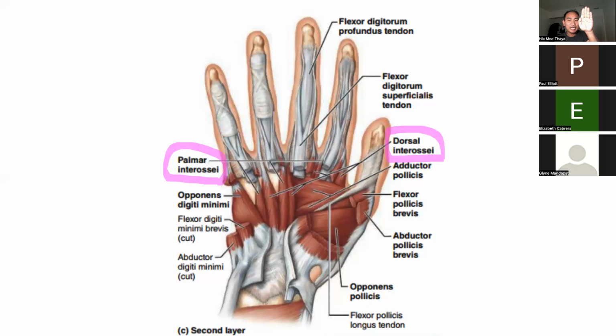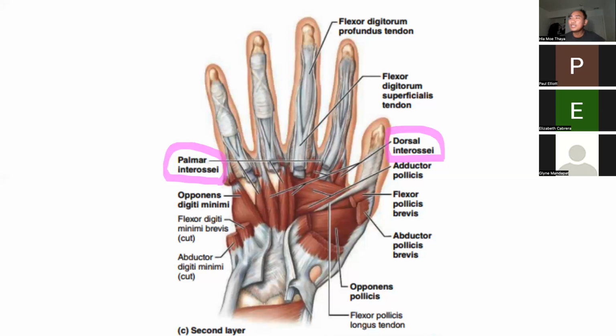Dorsal interossei, DAB, abduction of the fingers. So these interossei muscles are important for the abduction and adduction of the fingers.